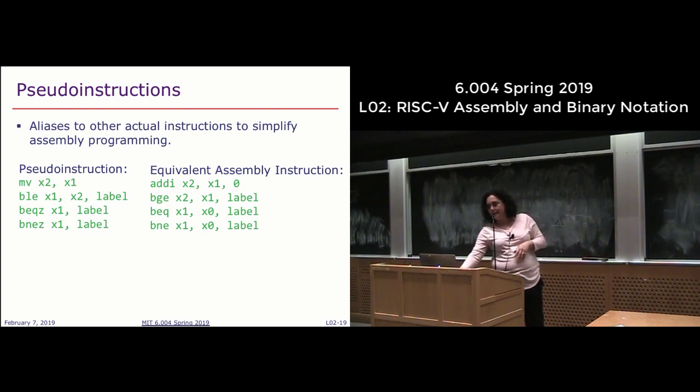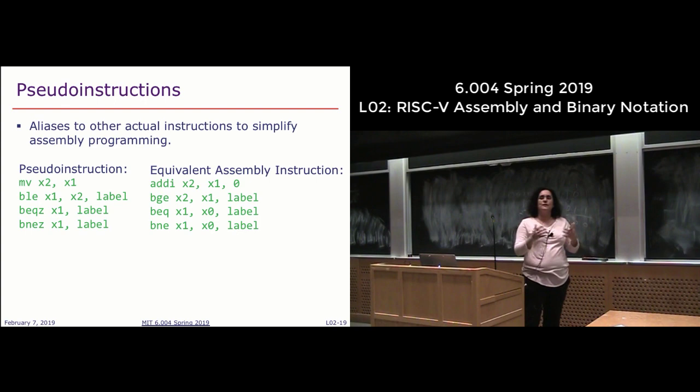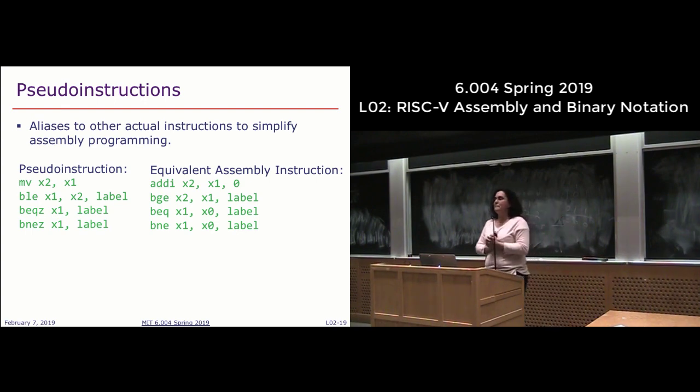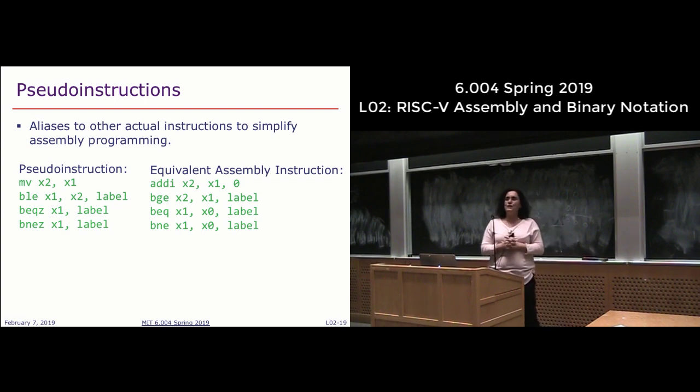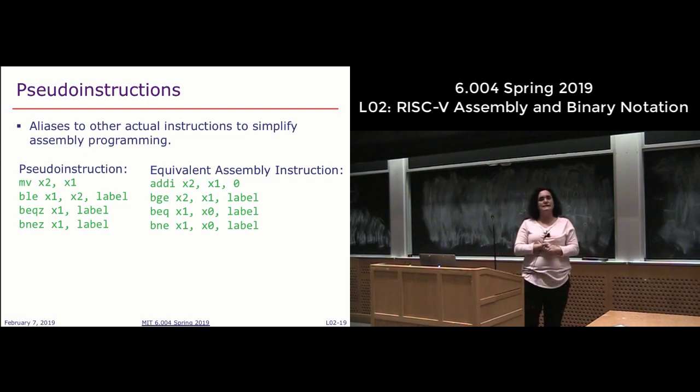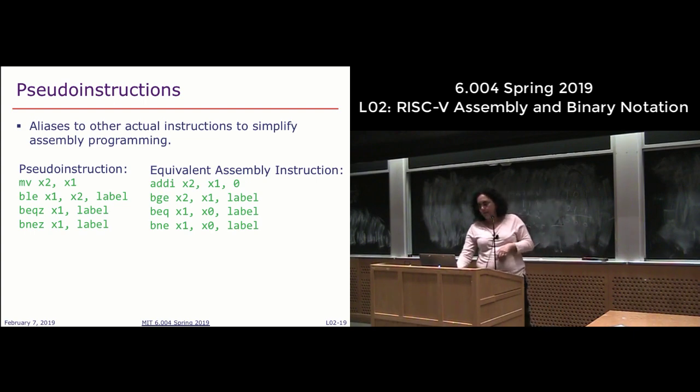And so I've listed here a few other pseudo-instructions that might come in handy as you write your assembly programs. And in the handout that we give you that lists all the 6004 instructions, we also include a listing of all the pseudo-instructions that are available to you.